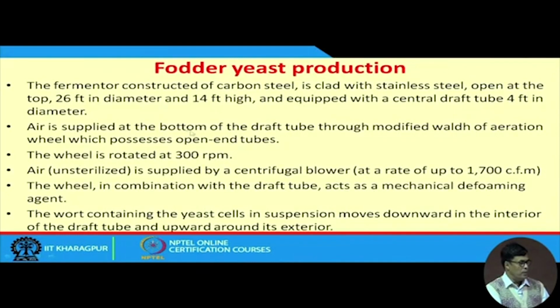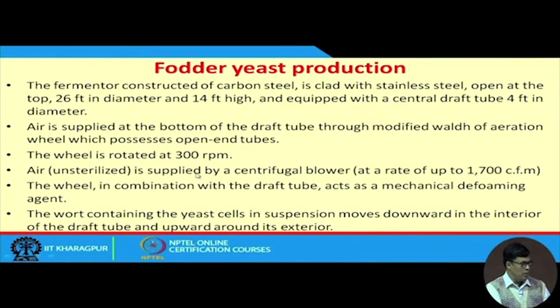Now for fodder yeast production, the fermenter is constructed in carbon steel clad with stainless steel, open at top, 26 feet diameter and 14 feet height, equipped with a central draft tube 4 feet in diameter. Air is supplied at the bottom of the draft tube through the modified valve of the aeration wheel, which possesses open end tubes. The wheel rotates at 300 rpm.